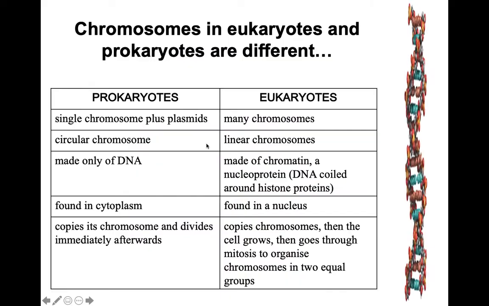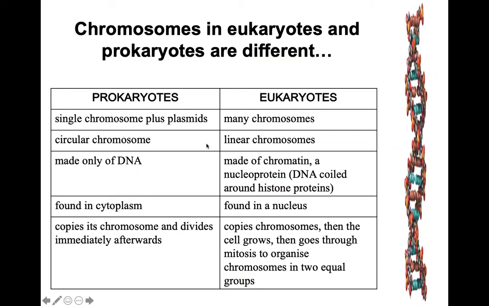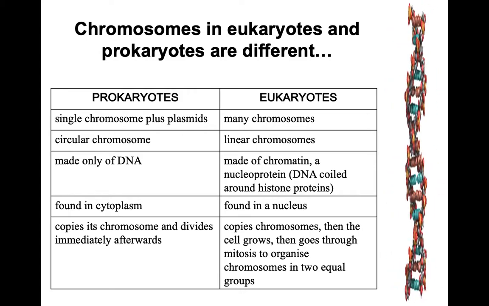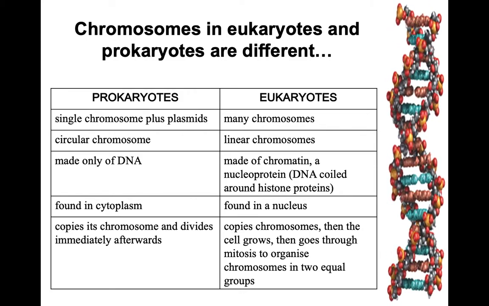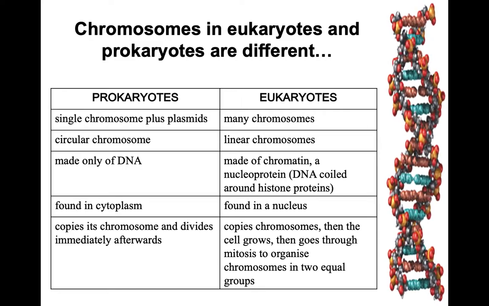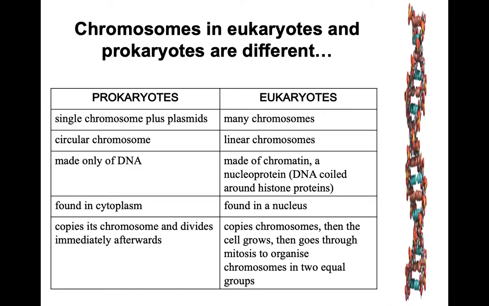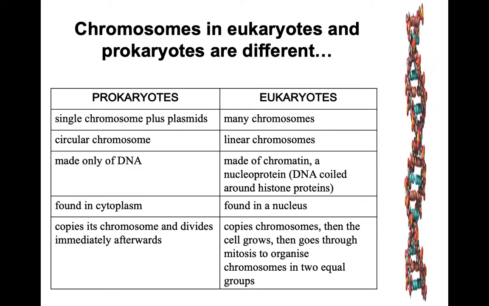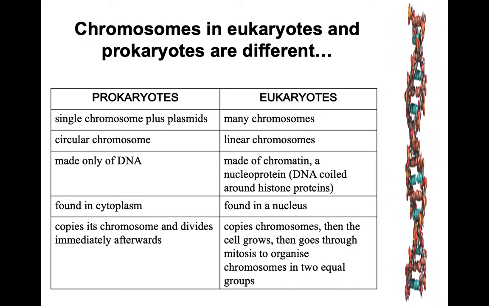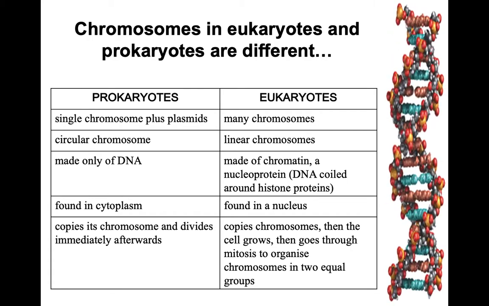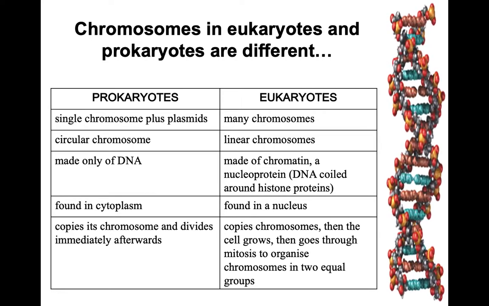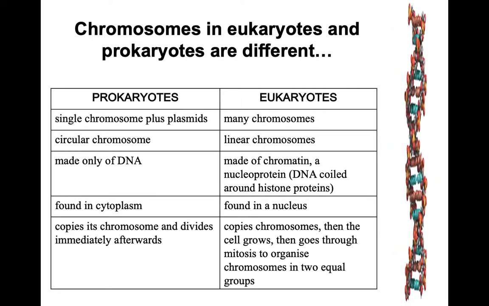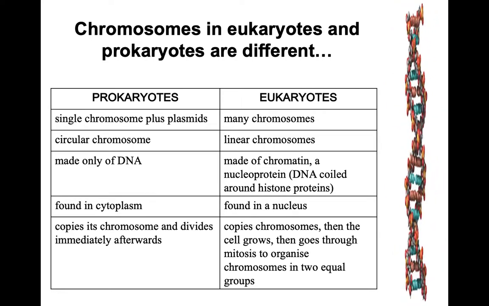Okay. Now, we're at the juncture of our lecture where we compare prokaryotes and eukaryotes in terms of their chromosomal material, in terms of their DNA material. So I've mentioned that chromosomes of prokaryotes are single, and in some species, they're accompanied by plasmids.